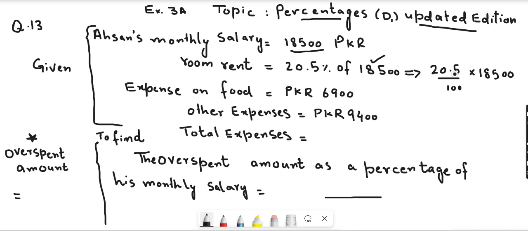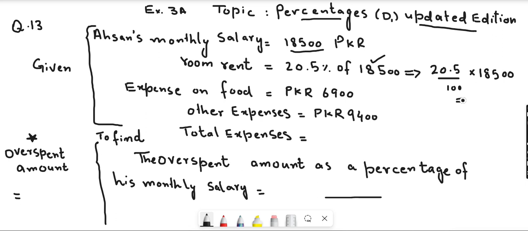So what we are going to do is simply replace this percentage with 100 in the denominator. Then we do the simplification with a calculator, you can use your calculator too. So 20.5% of 18,500.